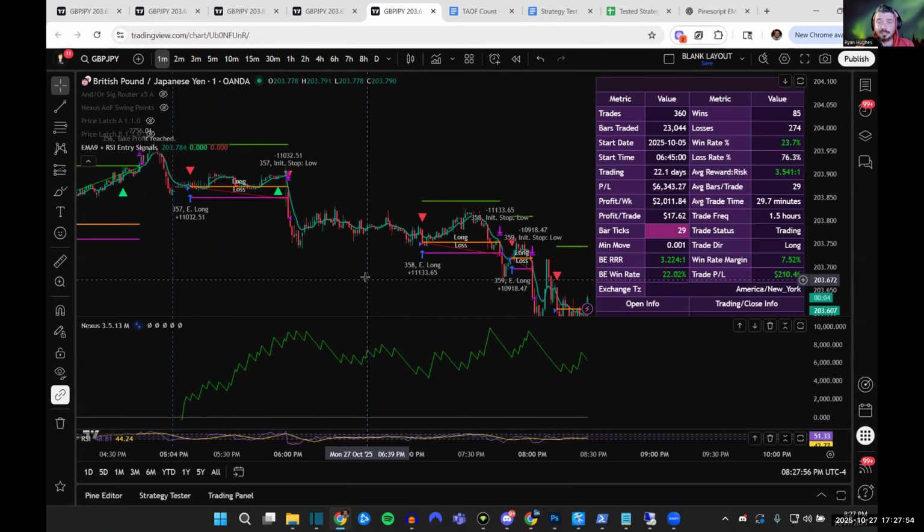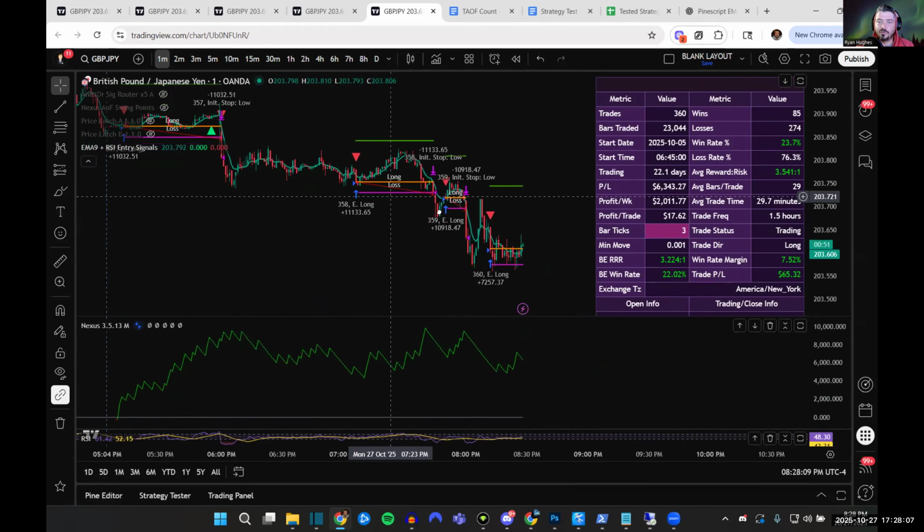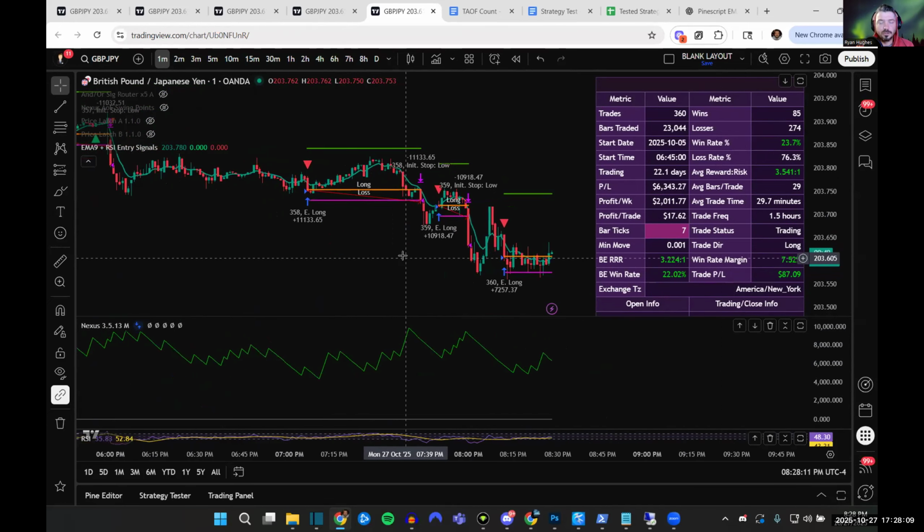And that's why we would then set it to a forward test, then watch it in real time over, say, a week's period of time. It's taking trades every 1.5 hours, which means that by the time you get through 1 week of forward testing, you're going to know whether or not this is a profitable strategy or not.